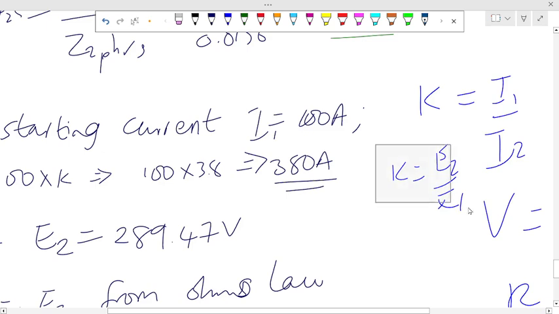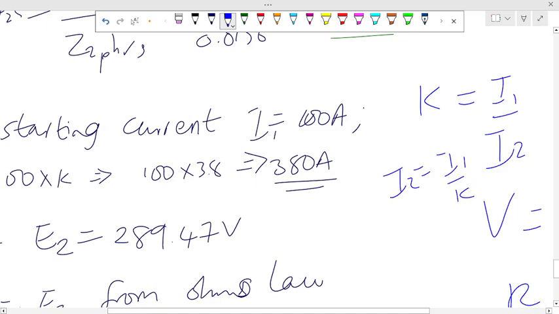But now we are dealing with the I, so let's work with the I. This is the transformation ratio, I1 over I2. So since we are given I1, how do we find I2? Very simple. Just make I2 the subject of the formula. That will give you I1 over K.